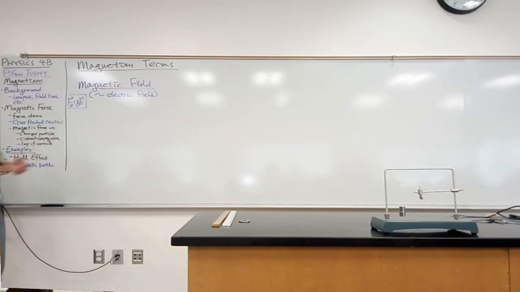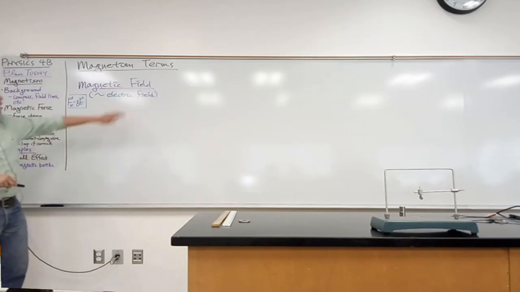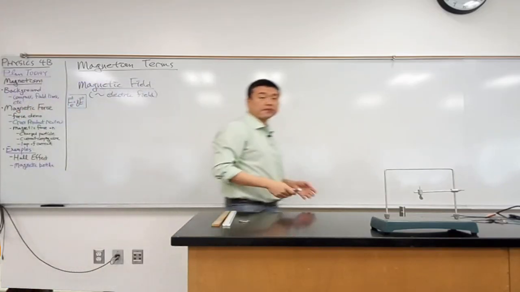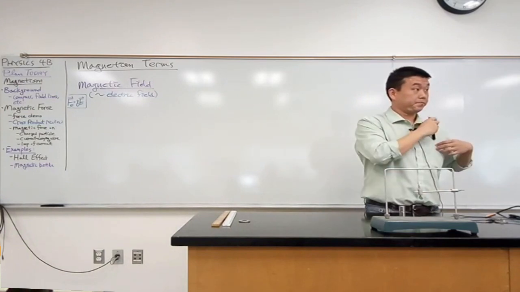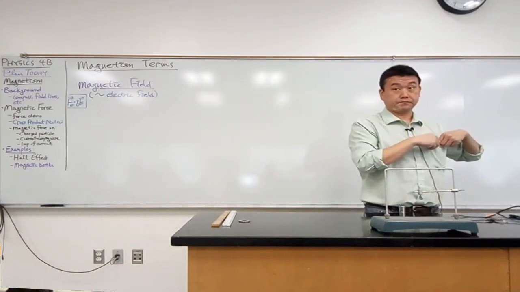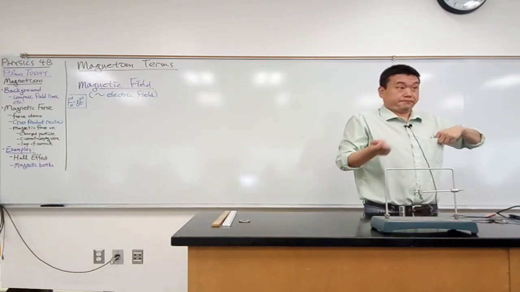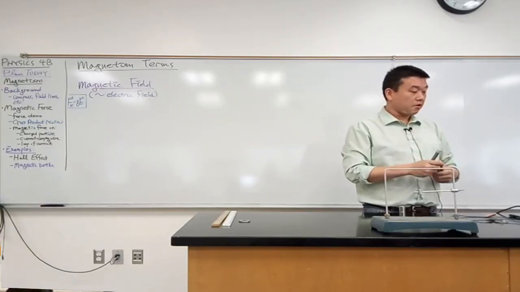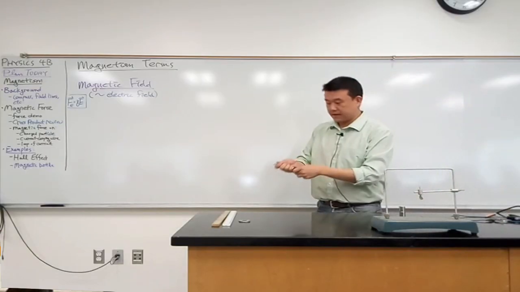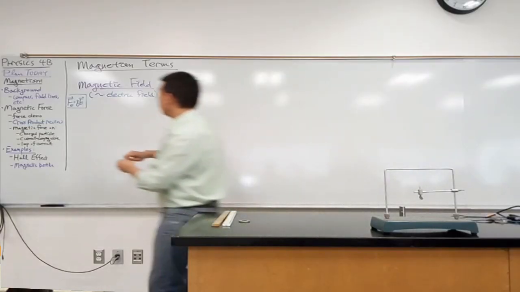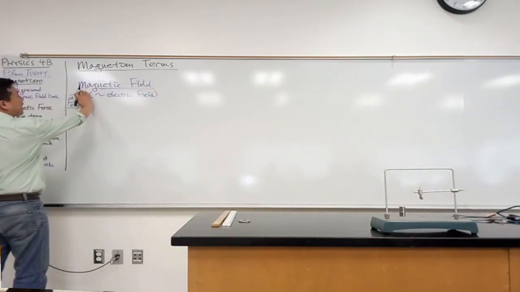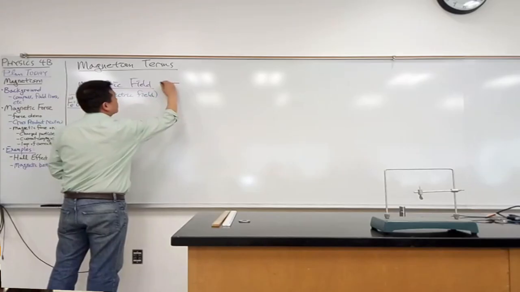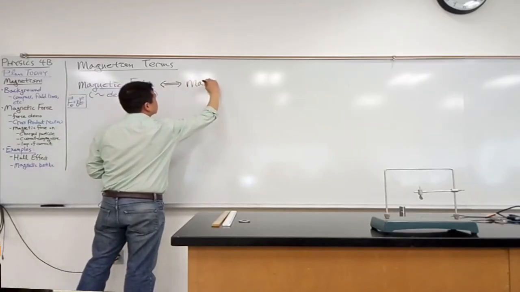So what we want is a word to describe it: what does magnetic field interact with? Magnetic charge? So let's just start out with just the magnet. If you are talking about this, magnetic field interacts with magnet.